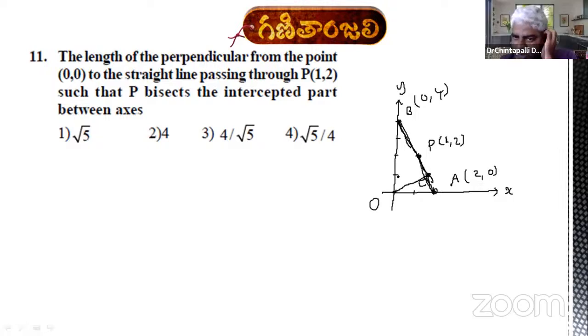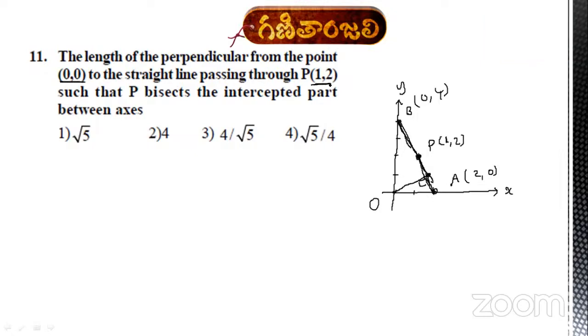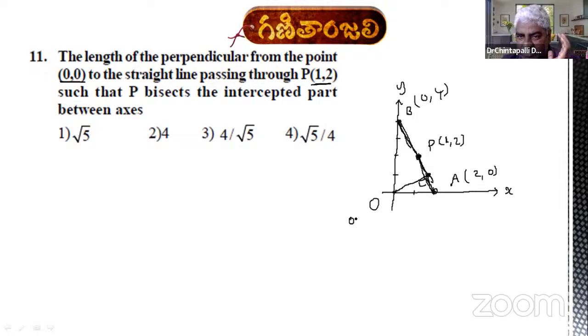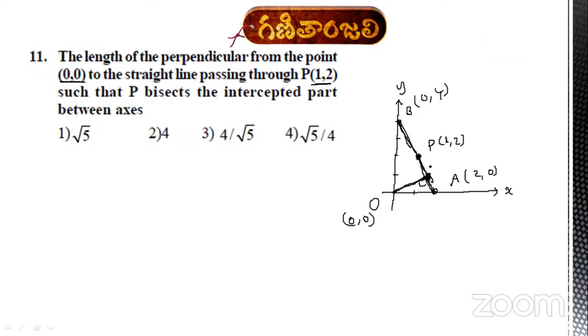The distance is from 0, 0 to the point at which this line makes a right angle. This distance is asked, right?